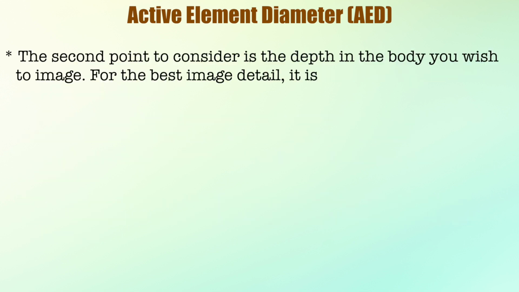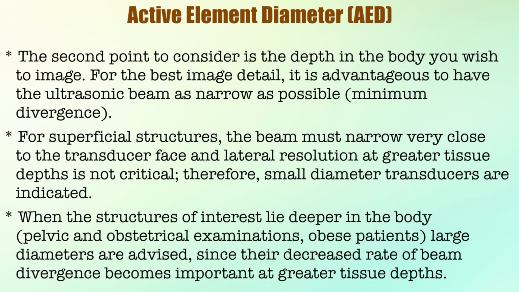The second point to consider is the depth in the body you wish to image. For the best image detail, it is advantageous to have the ultrasonic beam as narrow as possible to achieve minimum divergence. For superficial structures, the beam must narrow very close to the transducer face, and lateral resolution at greater tissue depth is not critical.